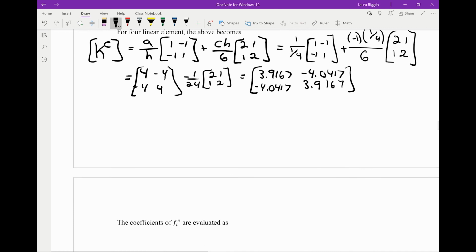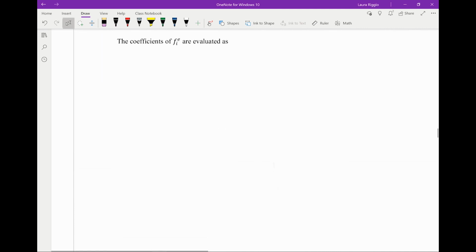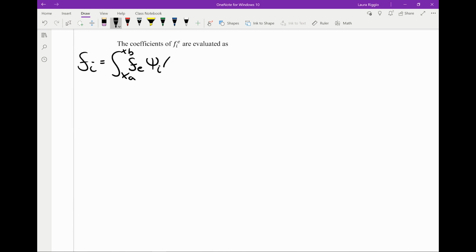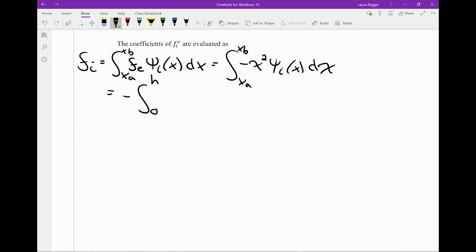So now we have to go back and calculate F. So Fi is equal to the integral from xa to xb of f psi i of x dx, which in our case is the integral from xa to xb of minus x squared psi i of x dx, which is equal to minus the integral from 0 to h of (x bar plus xa) squared psi i of x dx bar.